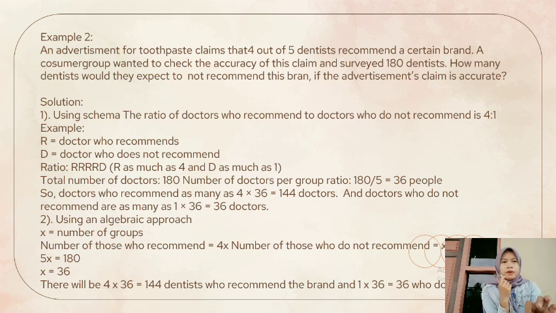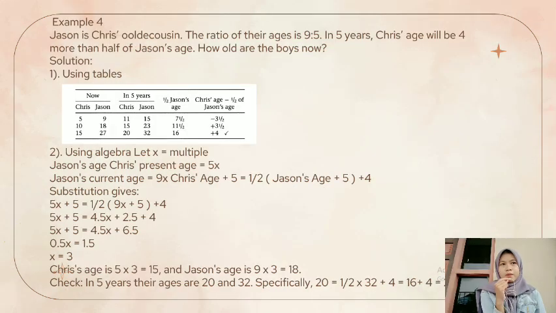To find the value of x, we divide both sides by 5, and x equals 36. We substitute this x value into 4x and x to find out the number of dentists who will recommend or not. There will be 4 times 36 equals 144 dentists who recommend the brand, and 1 times 36 equals 36 who do not.